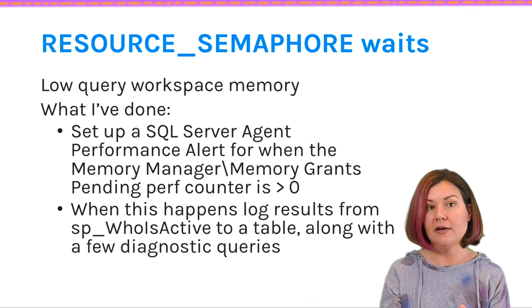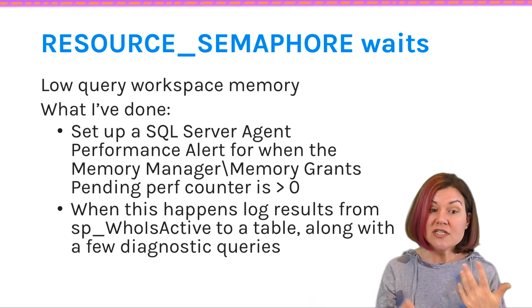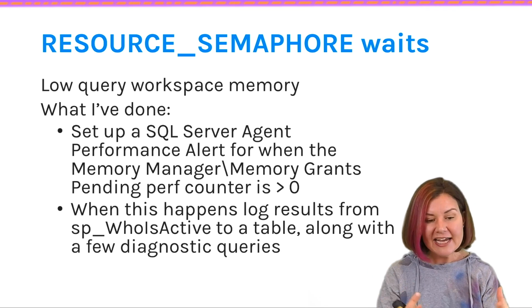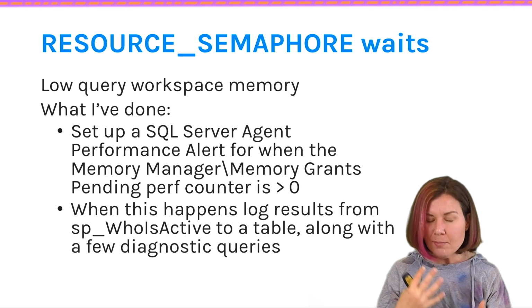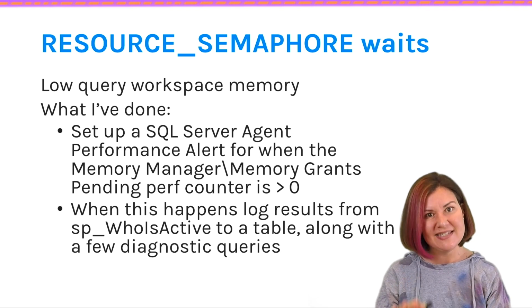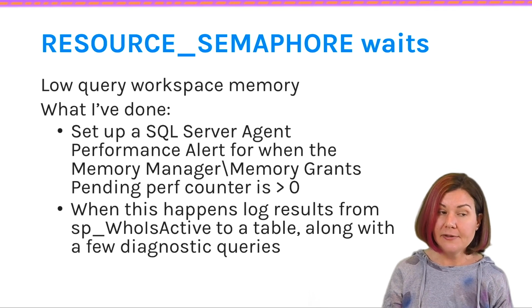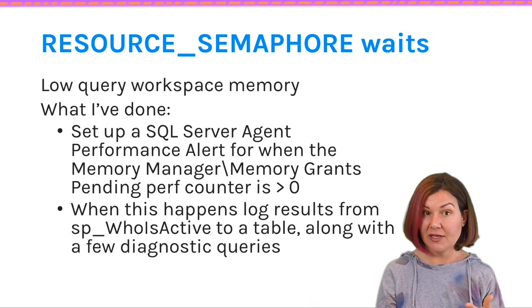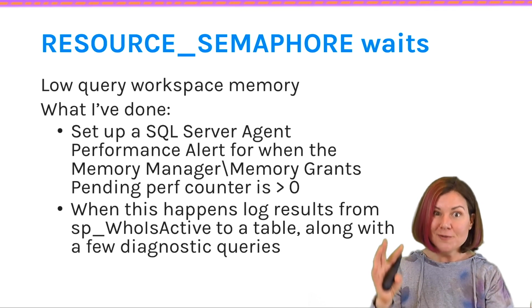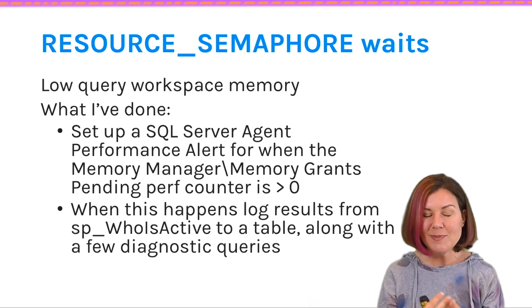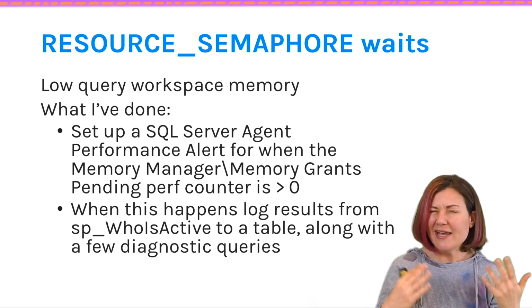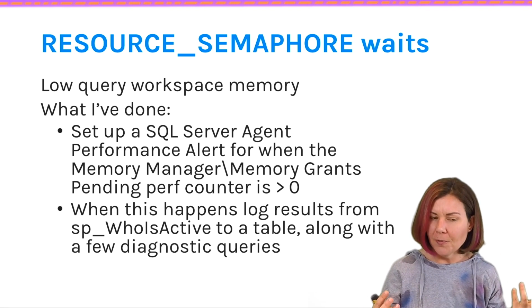If I can't get my minimum amount of memory, that settle for amount, I really shouldn't get started. So resource semaphore weights happens when you've got queries who want to get started, but they can't even get their minimum settle for amount of query workspace memory, and it's just not safe to let them get started. And this is because typically you've got other queries running who are using memory for query workspace memory, or maybe that query who wants to get started might be asking for an awful lot too.